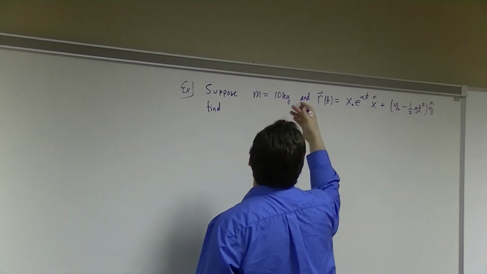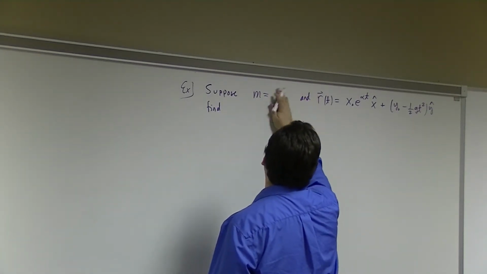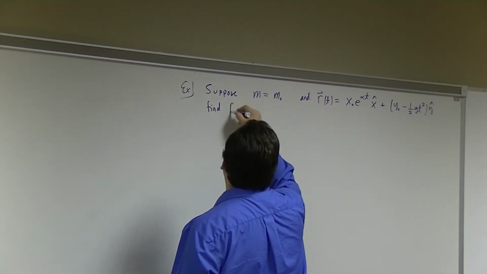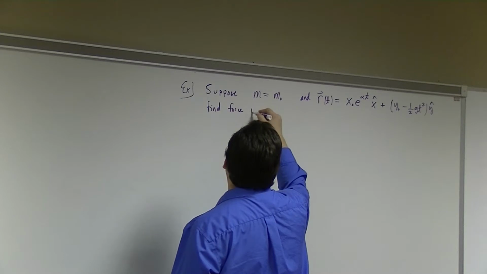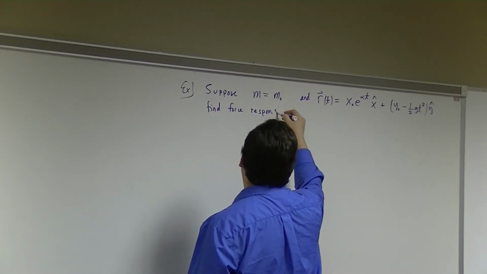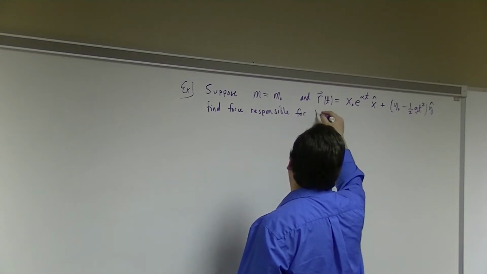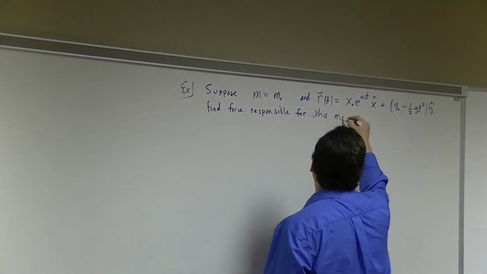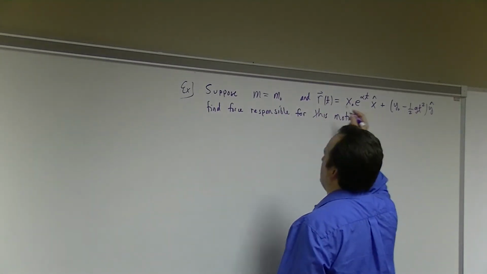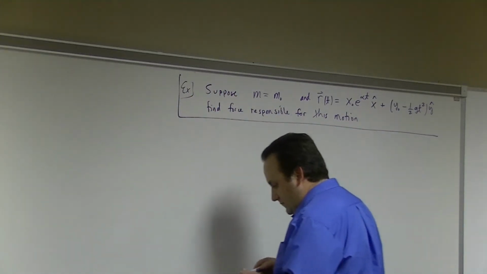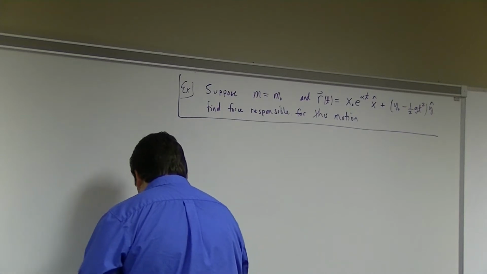Maybe I should just say that who cares about numbers? Let's just say m is equal to m naught. There we go. So I want you to find the force responsible for the motion. You notice that all of this is done with respect to, thankfully, one frame of reference.